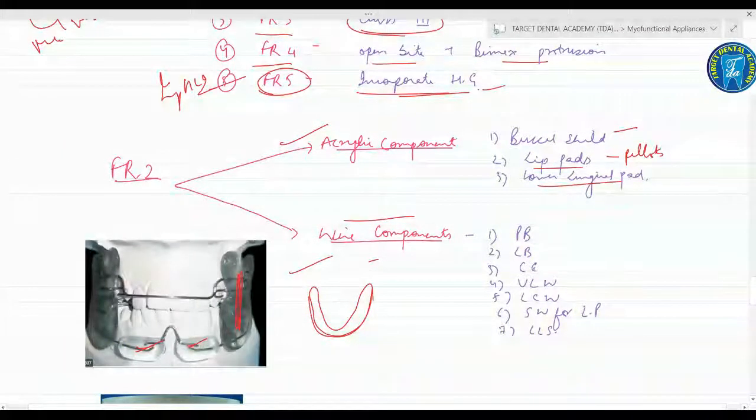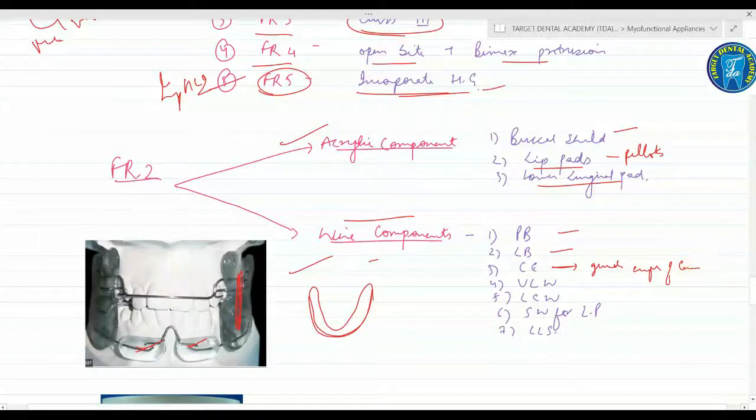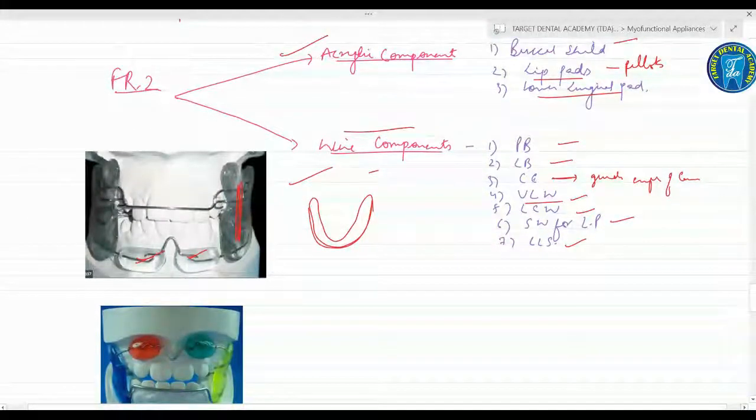And the wire components are, number 1, the palatal bow, the labial bow, and the canine extension. The canine extension helps to guide the eruption of the canine. And then the upper lingual wire, the lingual crossover wire, support wire for the lip pads, and the lower lingual spring. So in this, important are the lip pads.